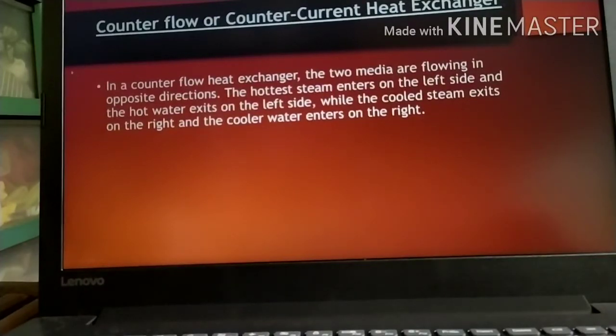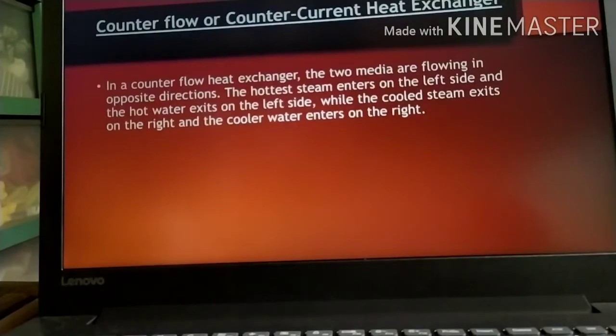So in a counterflow heat exchanger, the two media or the two fluids are flowing in opposite direction.